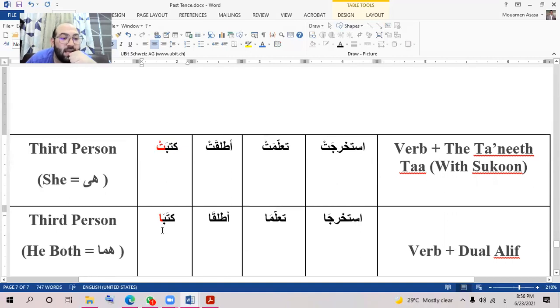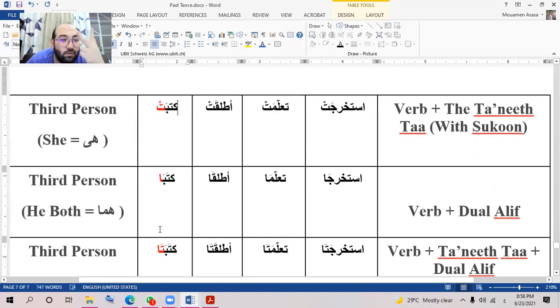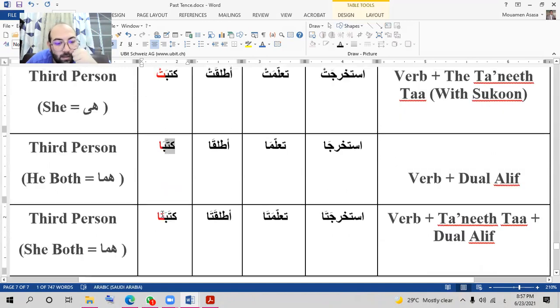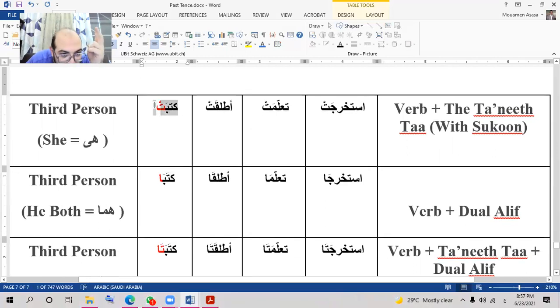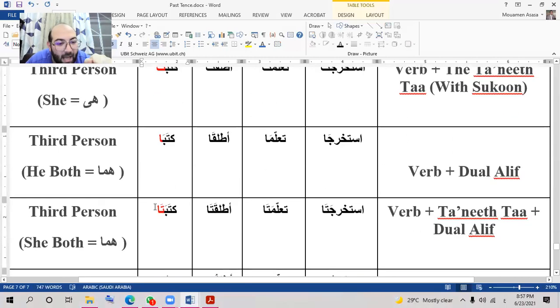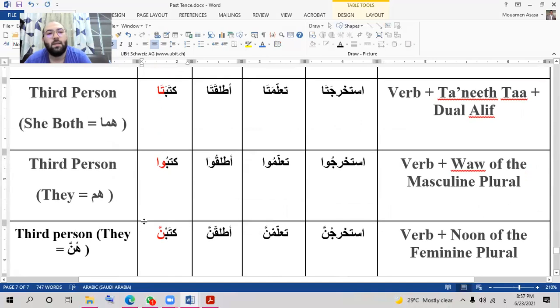Now, if we want to say third person, both, two persons, huma, he both, kataba. There is no meem, there is nothing. We only add the alif to give us the dual. If female, katabata, we use the ta'nith and we add alif, katabata.